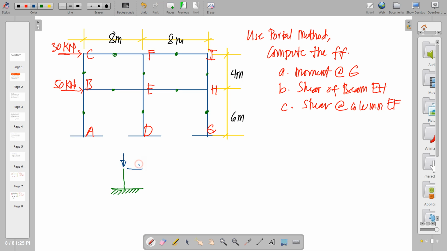See, this is the horizontal force. I'm going to label all of my points of inflection.